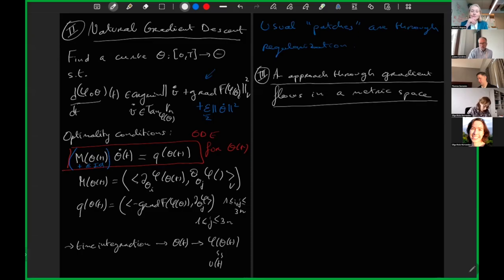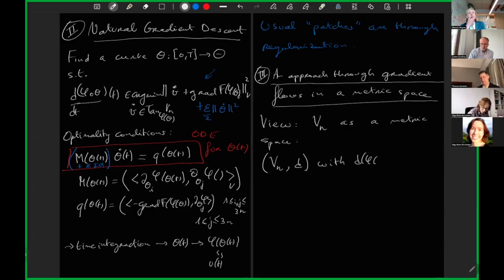Here is an approach that is going to successfully lead to something. We are going to view the space of neural networks when the parameters vary, so we are going to view Vn as a metric space. In order to do this, we need to endow this set with a certain distance. And the distance between two elements is just going to be inherited from the ambient distance in the Hilbert space.